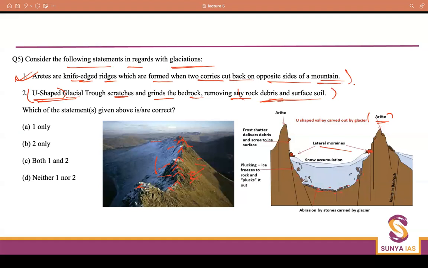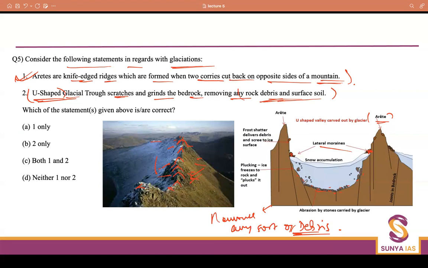So what happens is that it scratches and grinds the bedrock, and it removes any sort of debris. That is definitely correct over here. And the surface soil is also removed.